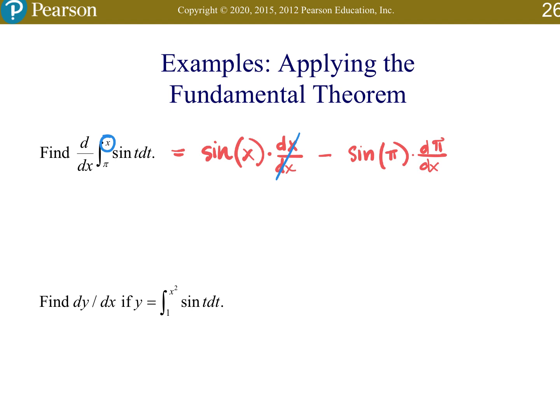What's the sine of pi? 0. What's the derivative of pi? Well, the derivative of pi is also 0, because pi is what kind of number? It's a constant, and its derivative is going to be 0. So this whole thing is 0, and so my answer is simply the sine of x.